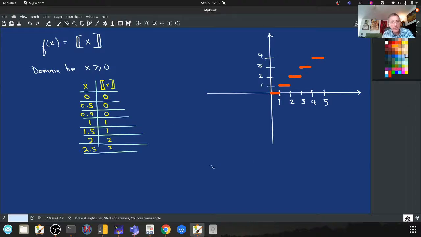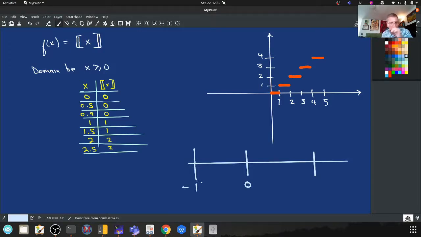There's 0, and here's 1. I'll label them. I guess I can put a minus 1 here too. So all of these are integers. Remember, integers are positive or negative whole numbers.